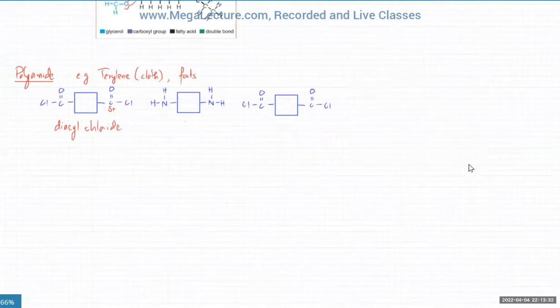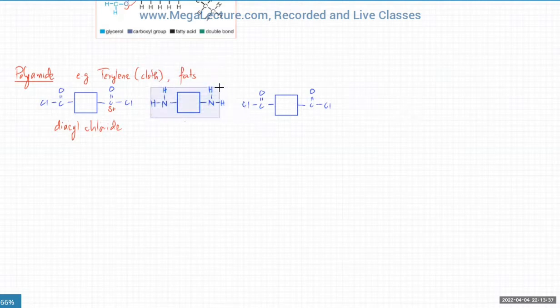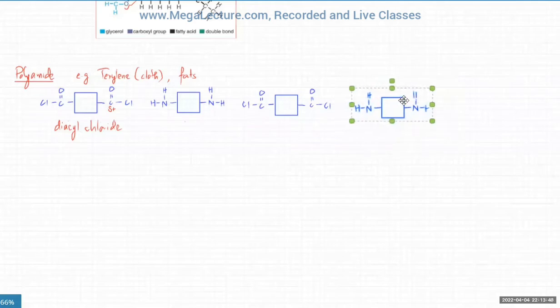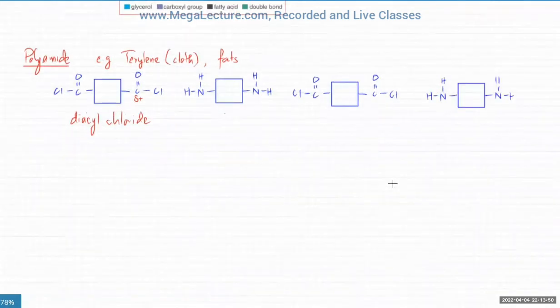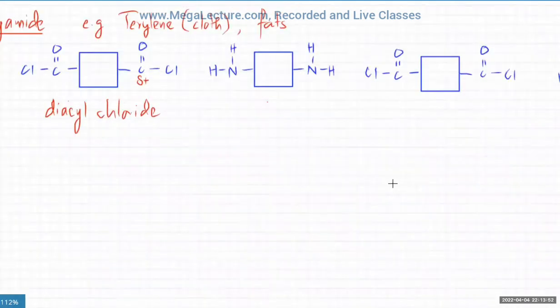So instead of an alcohol, in a polyamide, you're going to have this thing, but the basic idea is the same.